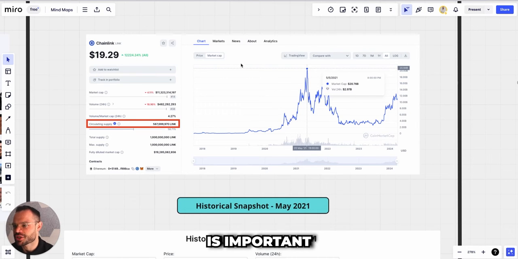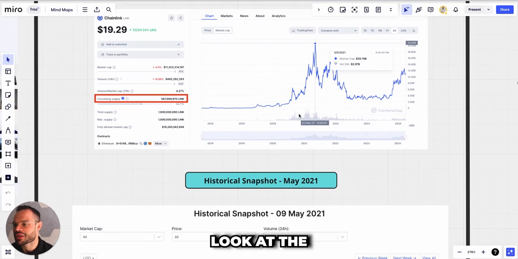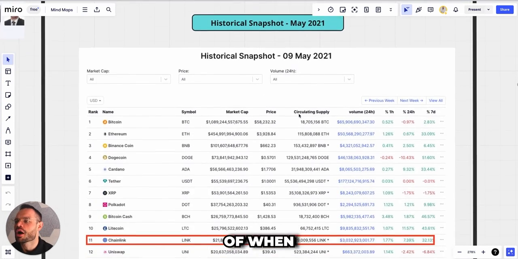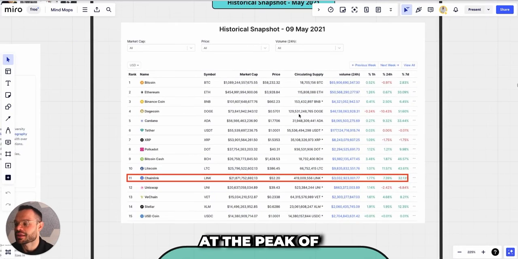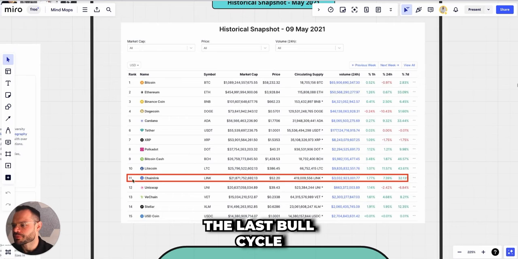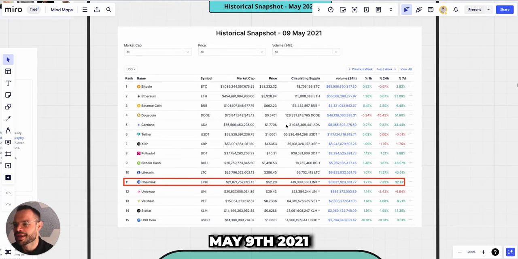All this information is important when we think about the tokenomics of Chainlink, because when we look at the historical snapshot of when Chainlink put in that previous all-time high at the peak of the last bull cycle, Chainlink was sitting around number 11 in terms of overall crypto market cap. It did hit that 21 billion market cap, but there were only about 419 million Link tokens in circulation on May 9th, 2021.